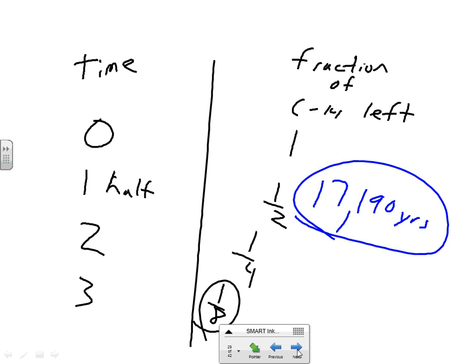Does it always tell you that it's 1/8 or whatever the number is? It could give you the number of years instead. I mean, they could give you a number of grams. They could say you started with 20 grams, and now you only have 5 left. How many half-lives did it take to get there?